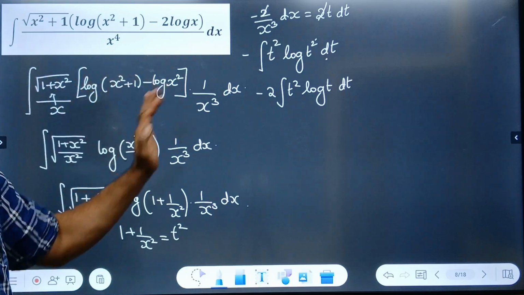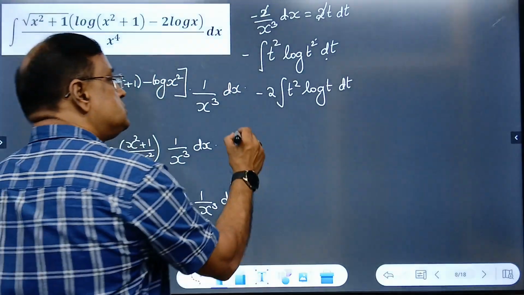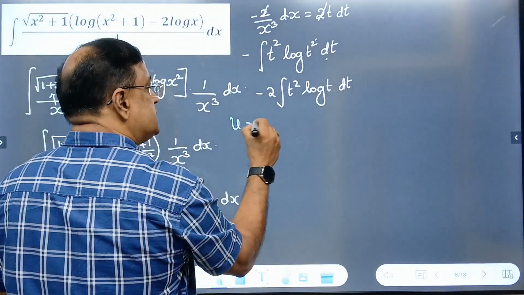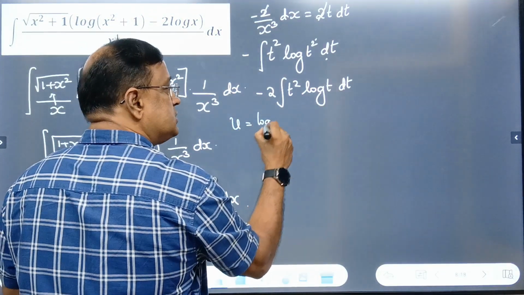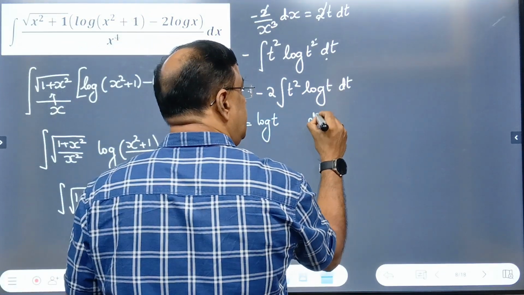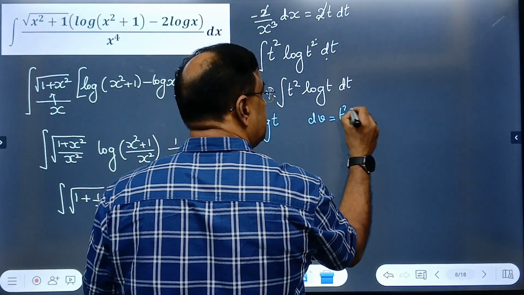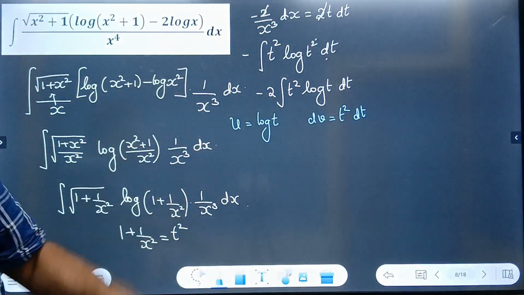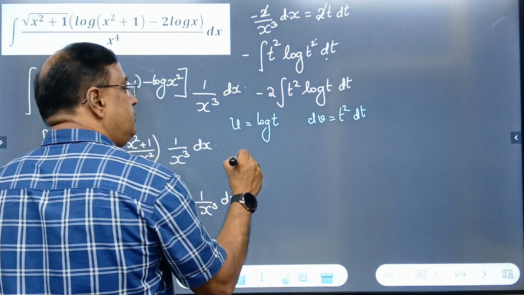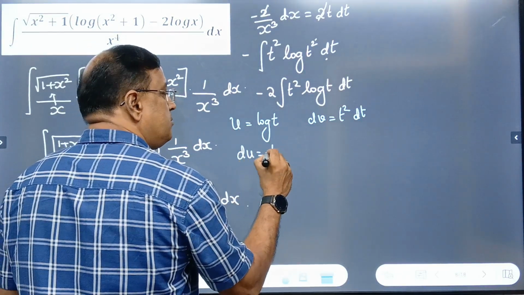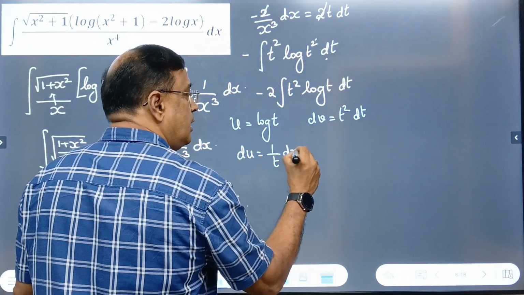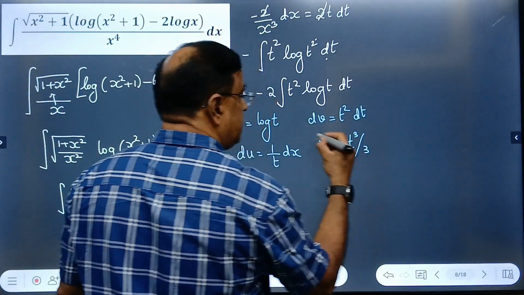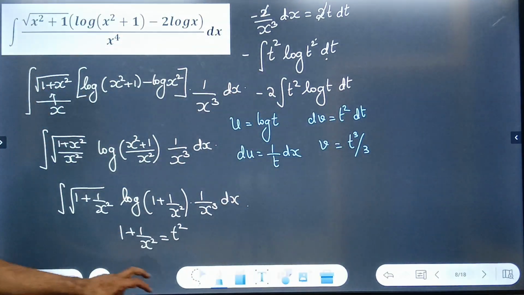Now it's very easy. Integration by parts. So what should I choose u as? I will choose u as log t because it is logarithmic, and dv is t square dt because it is algebraic. I late. So L comes first. So what is du? Du is 1 by t dt. And what is v? T cube by 3. Now use integration by parts.